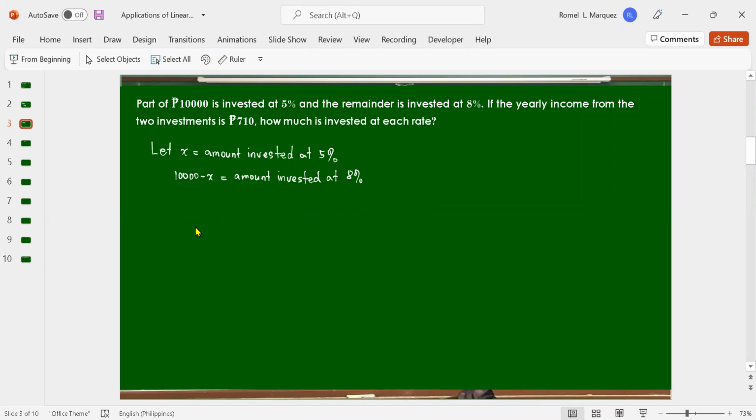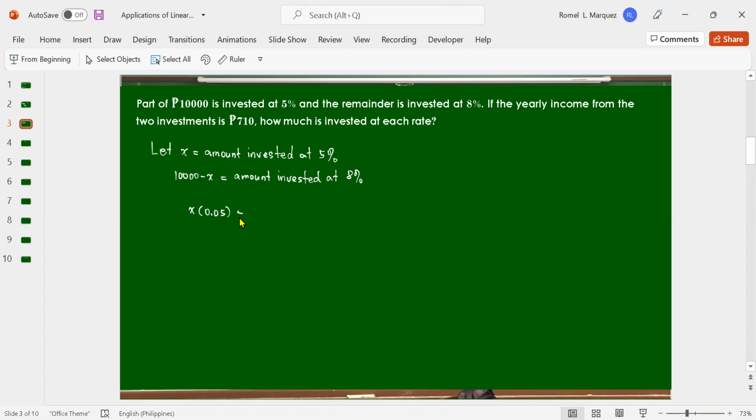So again, the interest for the first investment plus the interest for the second investment will give us the total earnings, no? Which is 710. So, X times 0.05. Principal times rate times time, and it is indicated yearly.